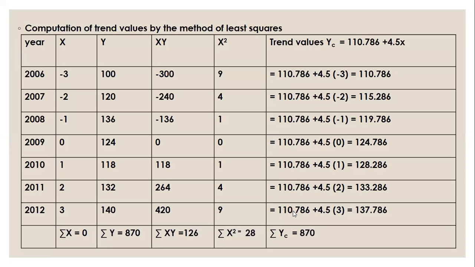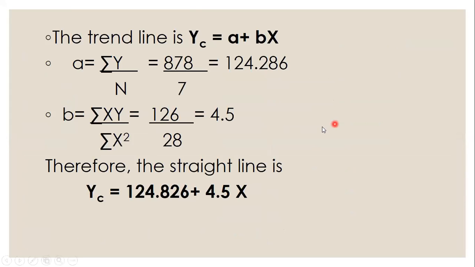Let's continue then. After this, we have to fit a trend line. The regression equation that we use is yc is equal to a plus bx. For finding out a and b, we have a short formula which we can use in this case.